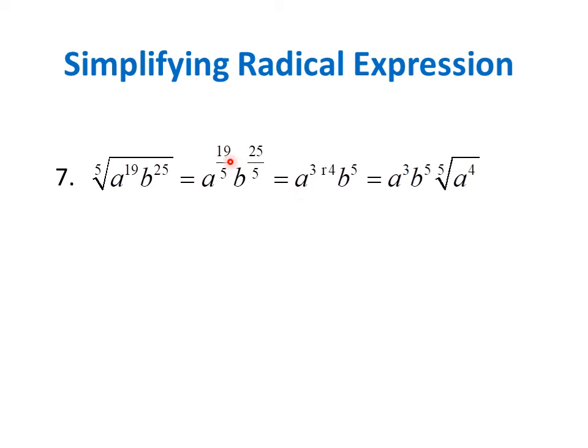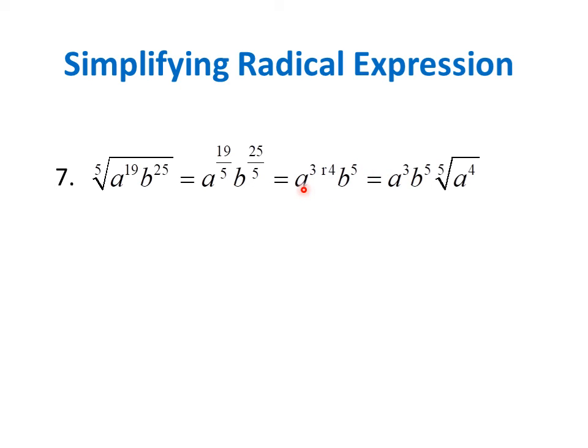We have a to the 19 divided by 5 is 3 remainder 4, times b to the 25 divided by 5 is 5. So outside the radical symbol, we have a cubed times b to the 5.